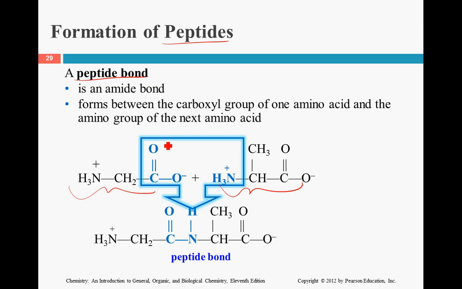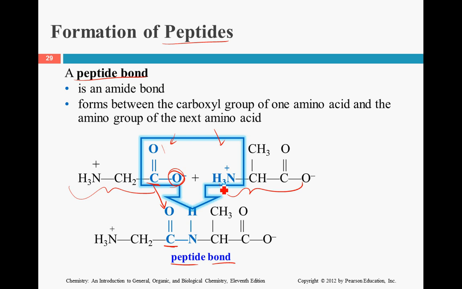If we look closely at the carboxylic acid and the amine, and then compare it to the peptide bond itself, notice that this carbon is linked to a double bonded oxygen as well as an oxygen to the right on the top. When we take it down to the bottom one, there's only one oxygen there. It lost an oxygen in that process.